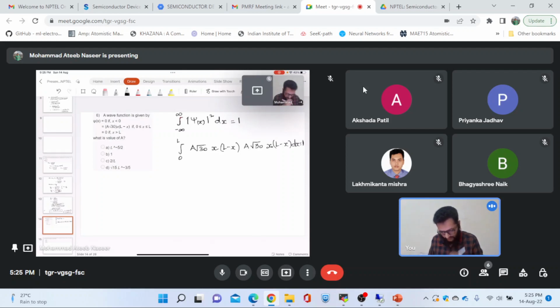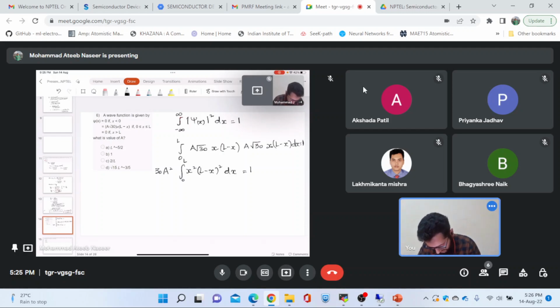Taking the constants out, this will be 30 times A squared, times the integral of x squared (L minus x) squared from 0 to L dx, equal to 1. Now, if we solve this integral by integration by parts, that will be much easier. So let me approach it by integration by parts.